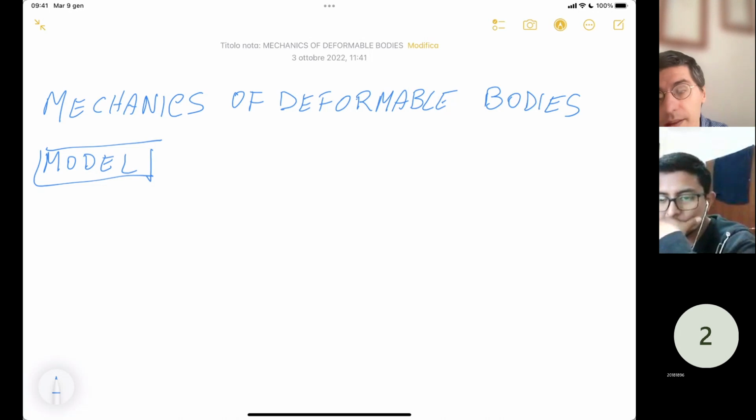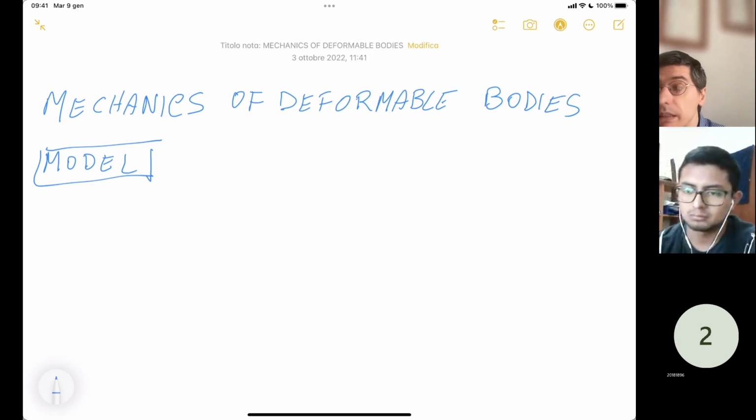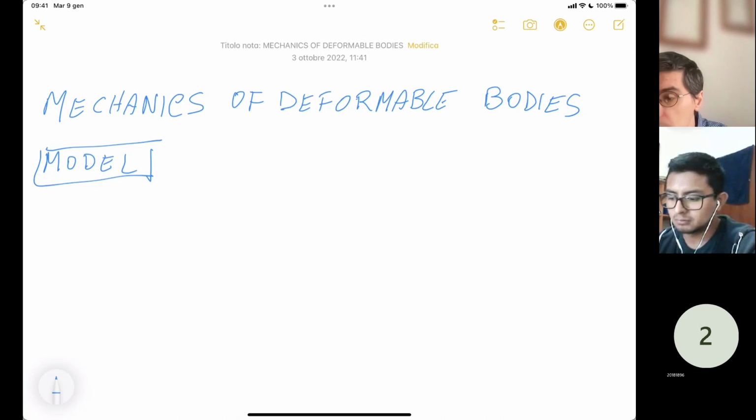And you can understand that this will be a very powerful tool if you manage to understand how to build a model. So let's try today to have a general glance of what a model is and how to deal with the issues related to this kind of abstraction.